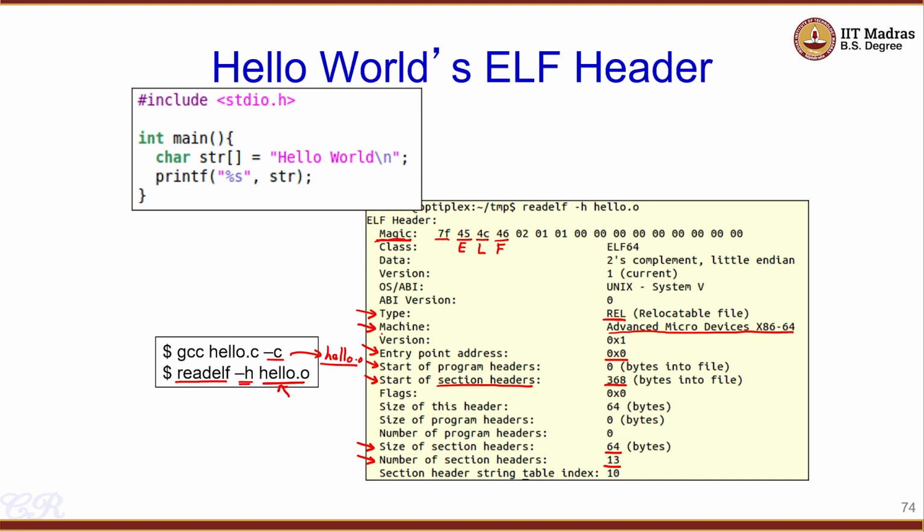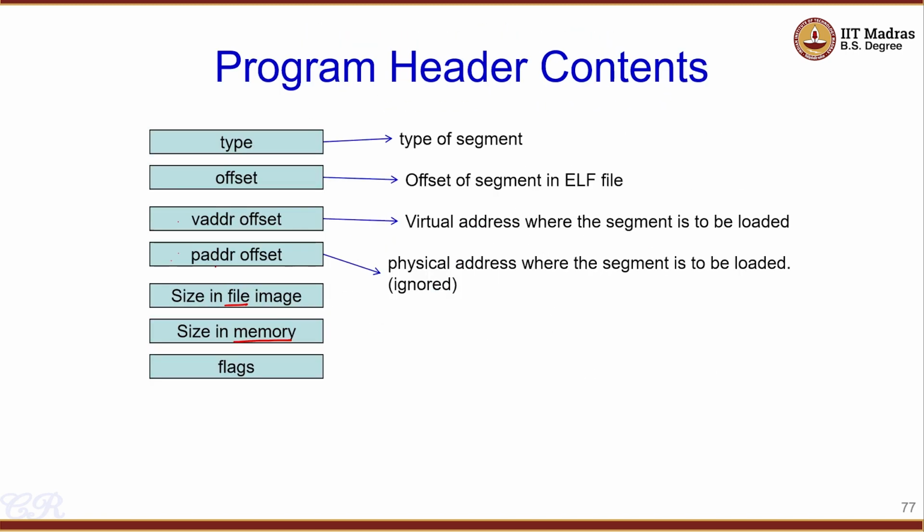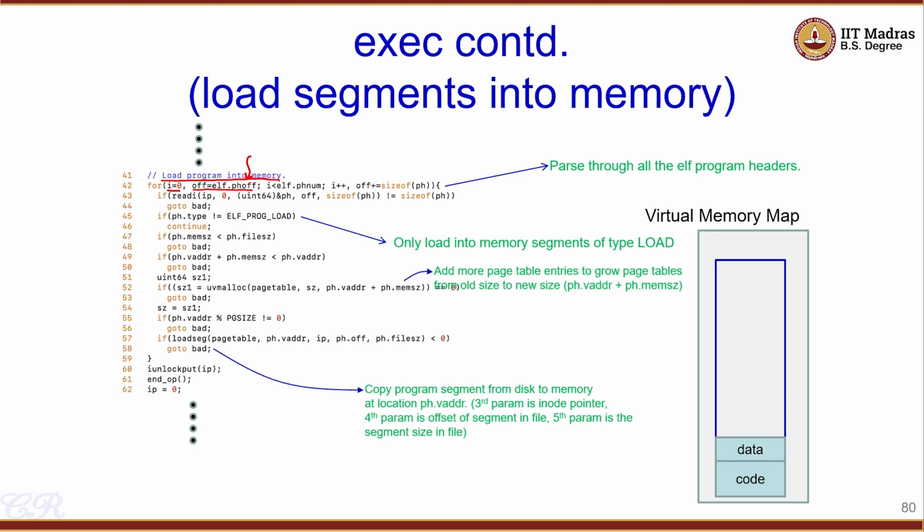Of course this is 0 bytes, because this example was for an object file, a relocatable object file, but for an executable we would have some value here, and this start of program headers is what we are essentially loading into off, right? So from the elf header at an offset ph off, we read the offset or the pointer to the program header and store it in offset, right?